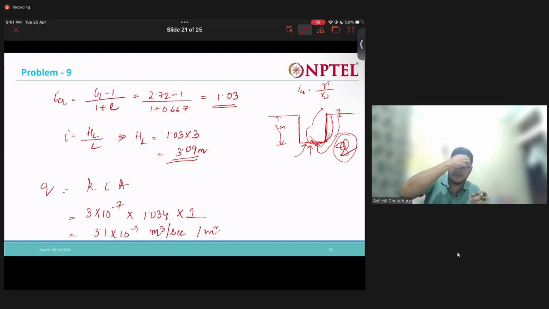The hydraulic gradient will be such that the effective stress becomes zero, so the soil will have no strength there. If you step over that part, the soil cannot hold you, so you will go inside that soil. That is the quicksand condition.